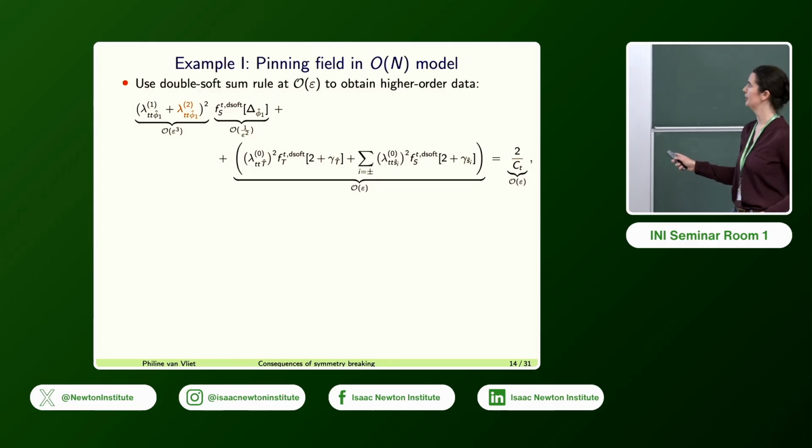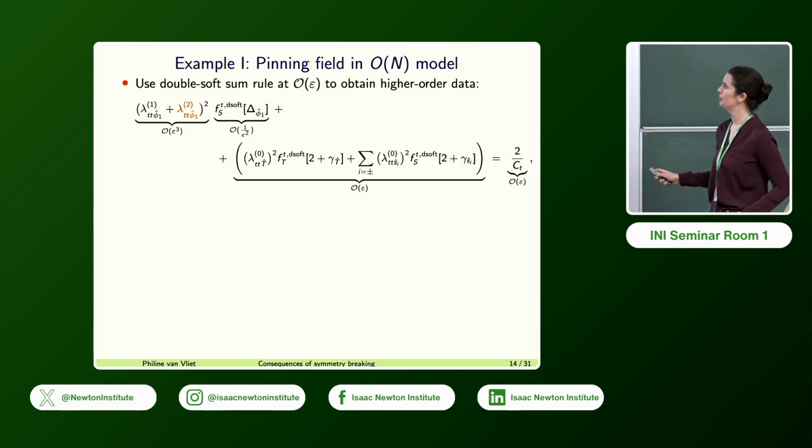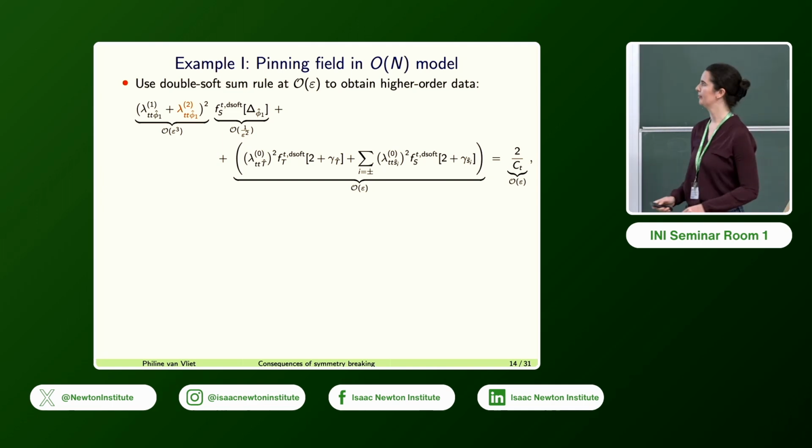So we don't have to consider them here. And we do get a contribution from phi_1, which has dimension around 1. And since this has a pole, or actually a double pole, it will give some 1 over epsilon squared term here. And we need data up to order epsilon squared that will contribute to this order epsilon expression.